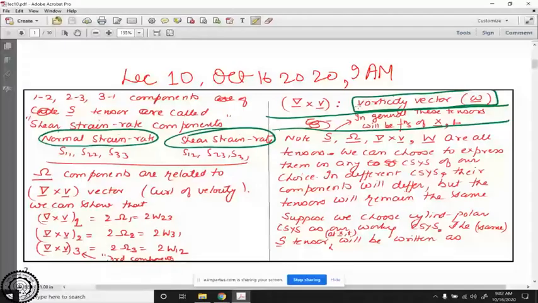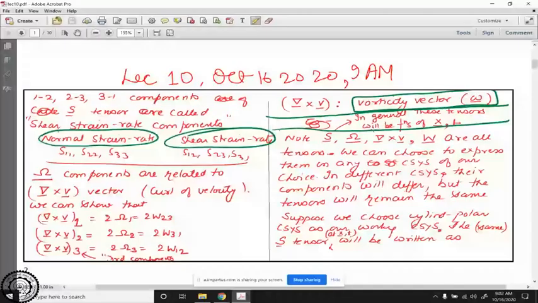There is a special name for this vector del cross V. It's called vorticity vector. And we will use this symbol, small omega, for vorticity, and large omega for, as I have been using, average angular velocity. Okay.